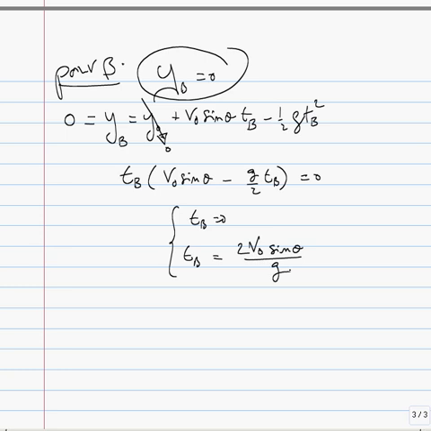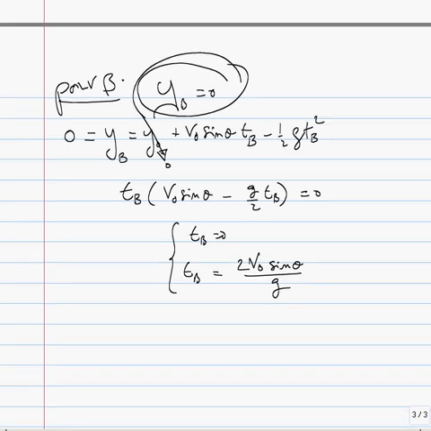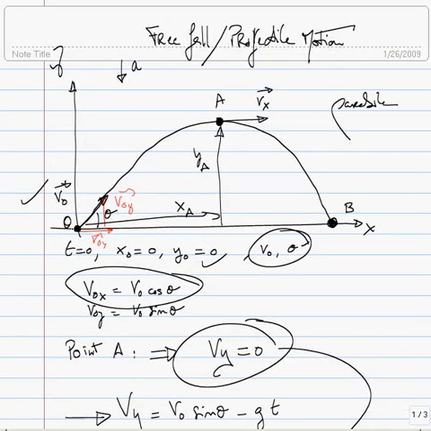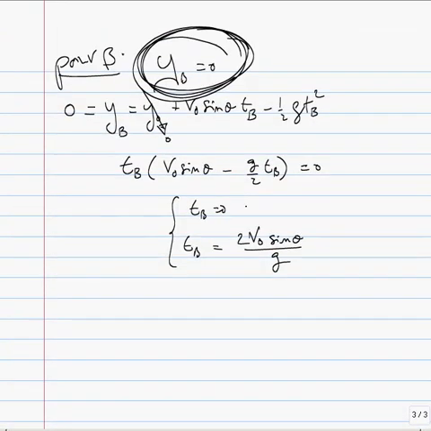How can we have 2 solutions? We have 2 solutions because this condition actually applies to 2 points: point B and the initial time. And initially, what was my time? T is equal to 0. That's the one we know is not the one we want. This is the one that it will take to reach position B.